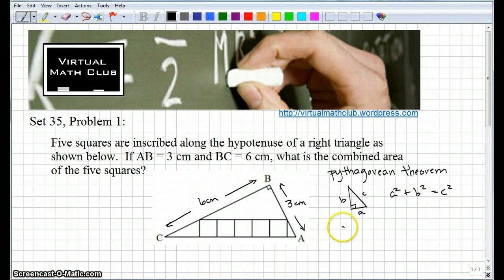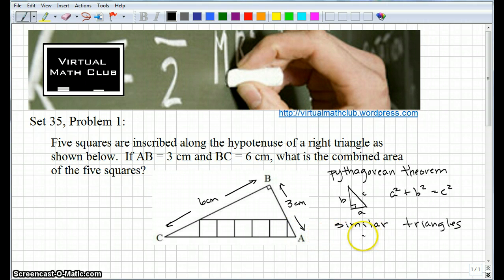And then the other thing is a little bit tricky in this problem. You have to look for similar triangles. Now, similar triangles are just triangles where the angles are all the same and the sides are proportional.